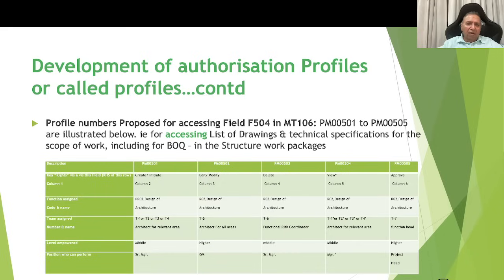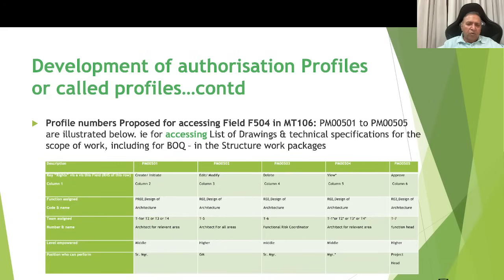For example, the creation of this field can be done with the function called PR02, which is project function 2 in the context of the construction industry, and the function name is design of architecture.